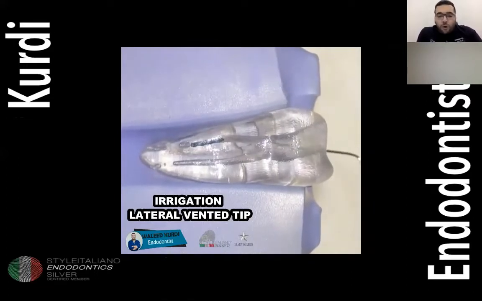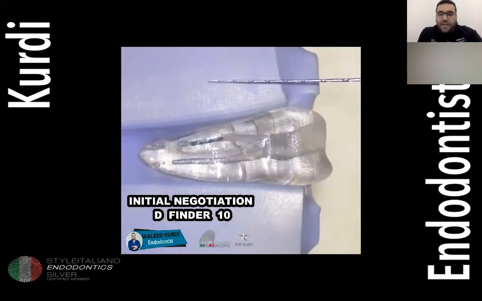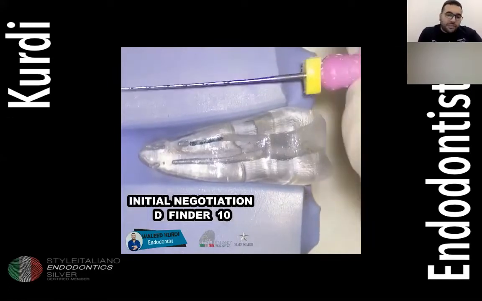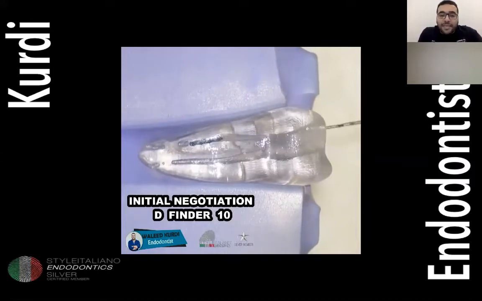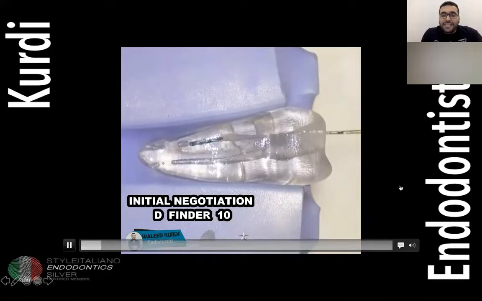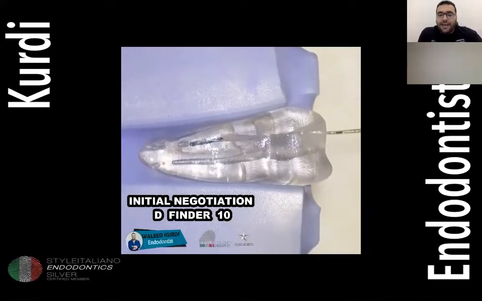Try always to work in a wet condition, never ever try to work in a dry condition. With sodium hypochlorite, here is the D-finder number 10. Very gentle in strokes, in and out picking motion.